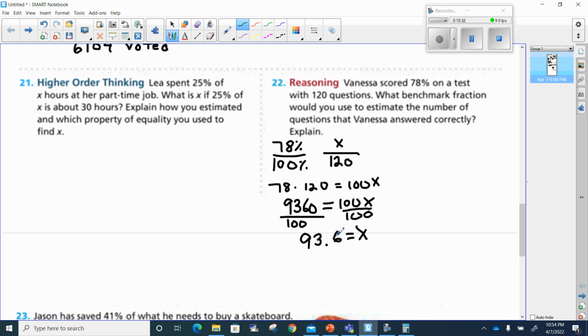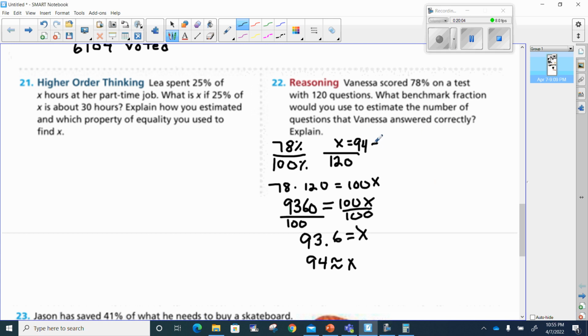If I'm going to round this up, since 6 is bigger than 5, I'll round it up to 94. So 94 is about x. Our answer, 94 over 120. Okay, the benchmark fraction would be 94 over 120. Remember to reduce here.